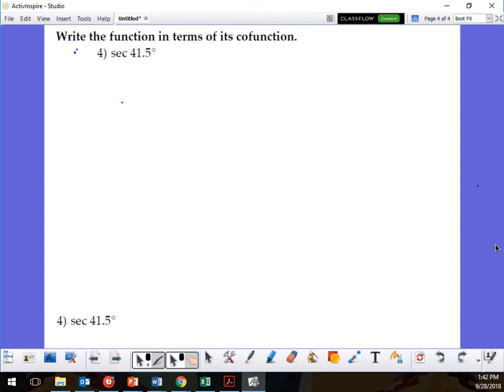Alright, guys. It says write the function in terms of its cofunction. Now, what is the cofunction of secant? Cosecant. So, the cofunctions always add up to what? 90.